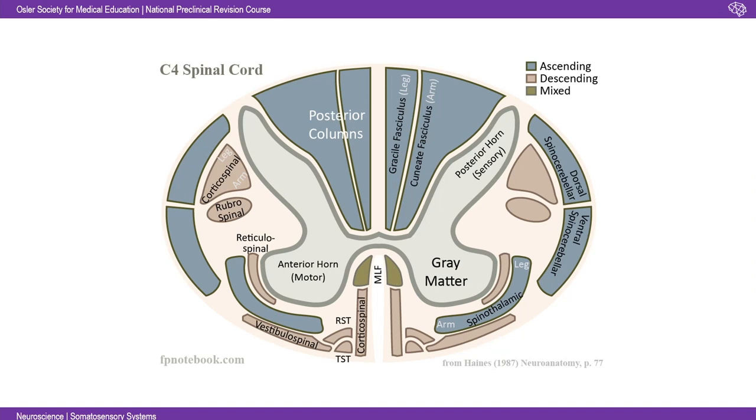So here's your spinal cord in transection. This is the cervical spinal cord, so it's got information from both the legs and the arms. The main stuff we're going to talk about today is up at the top, the posterior or the dorsal columns, and then down at the bottom in blue, the anterolateral system, which here only has the spinothalamic system, but you guys have to be aware of a few other components of that.